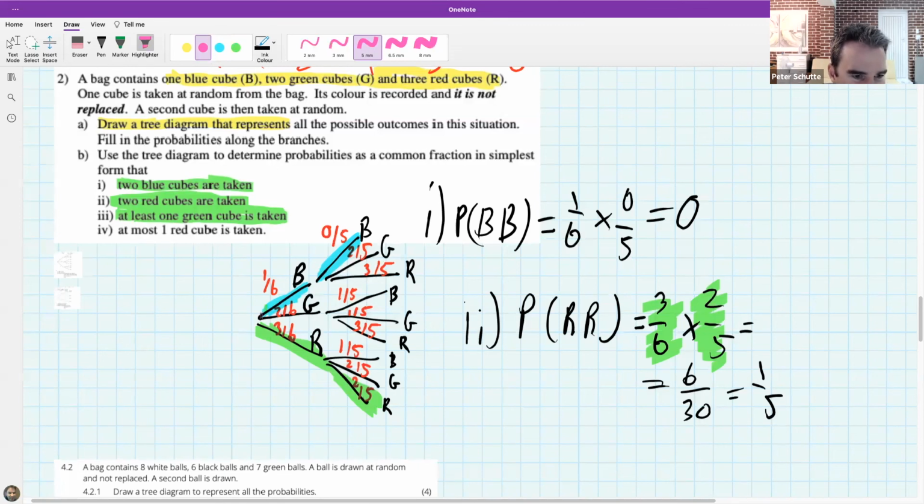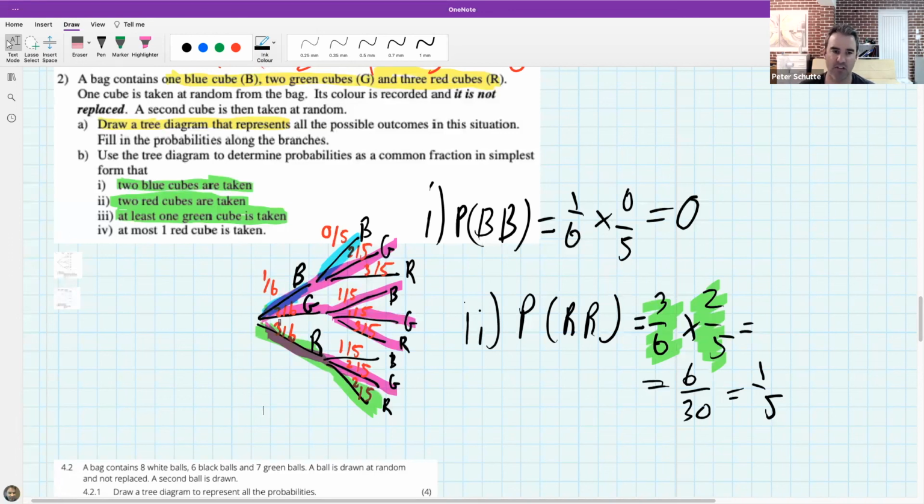So at least 1, but it includes 2. So this would have a green. So that one over there would have a green. And all of these ones would have a green. And that one over there would have a green. So there are 4 branches that would have a green in them.